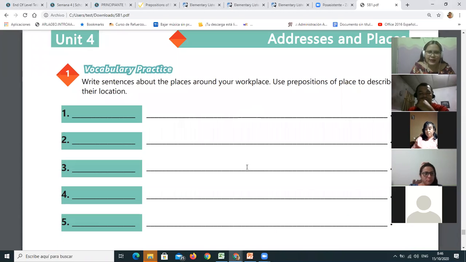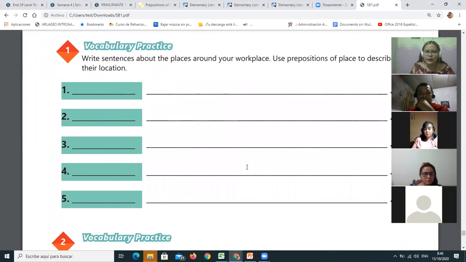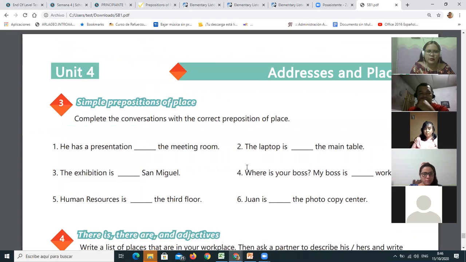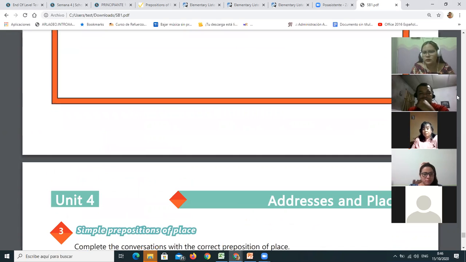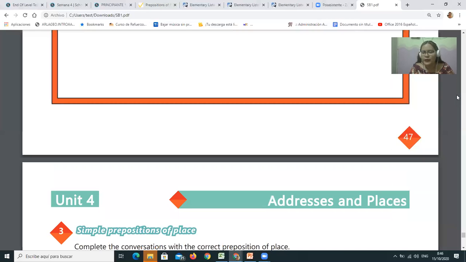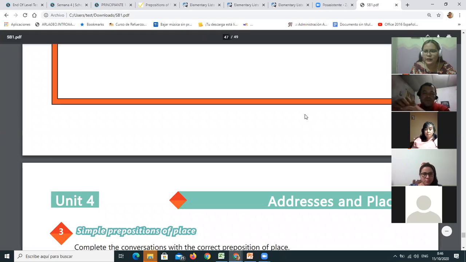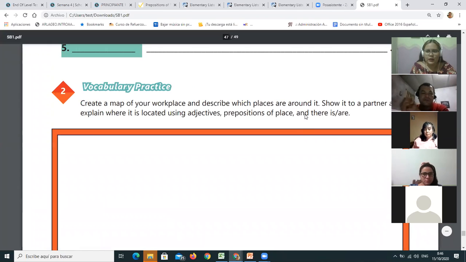Now, very quickly, let's look at this exercise. If you are in the manual right now, this exercise is on page 47. Look at the exercise.